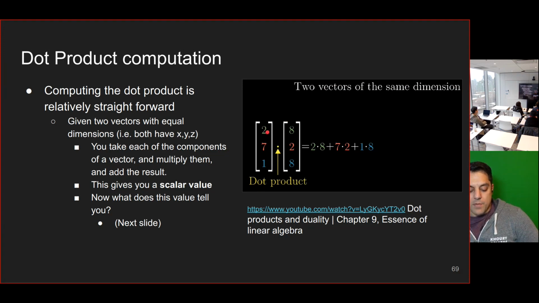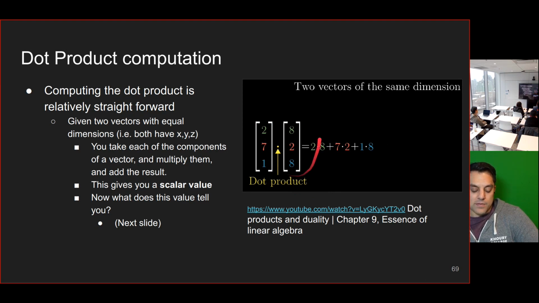Well, for each component I multiply: the x's I multiply, the y's I multiply, and the z's I multiply, or however many components you've got. You multiply the first components, and add that to the second components multiplied, and the third components multiplied, okay? That's the idea. And then that gives you some scalar value. Now, this tends to work out best if we normalize our vectors before multiplying them. You'll notice that these two vectors are not normalized here.